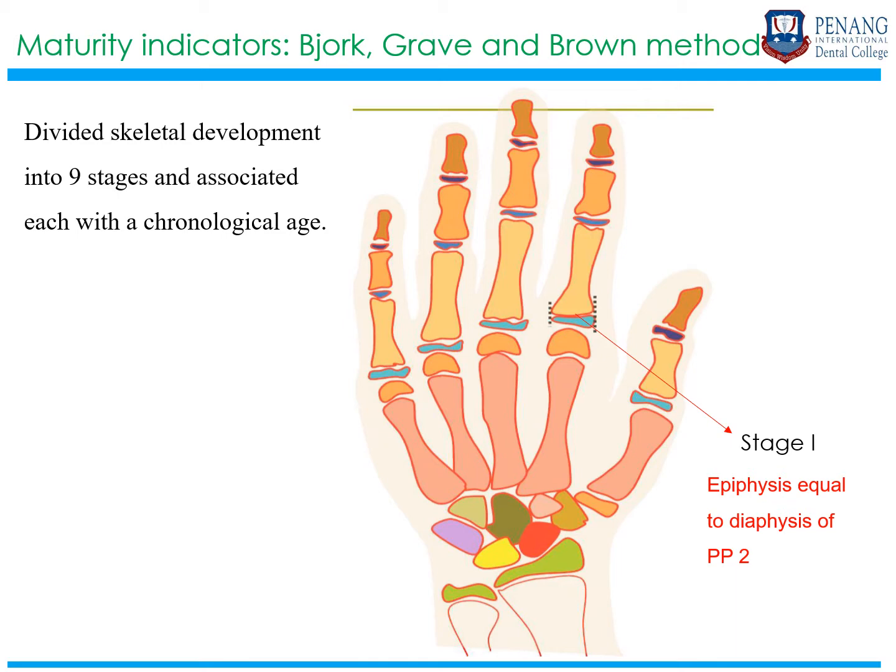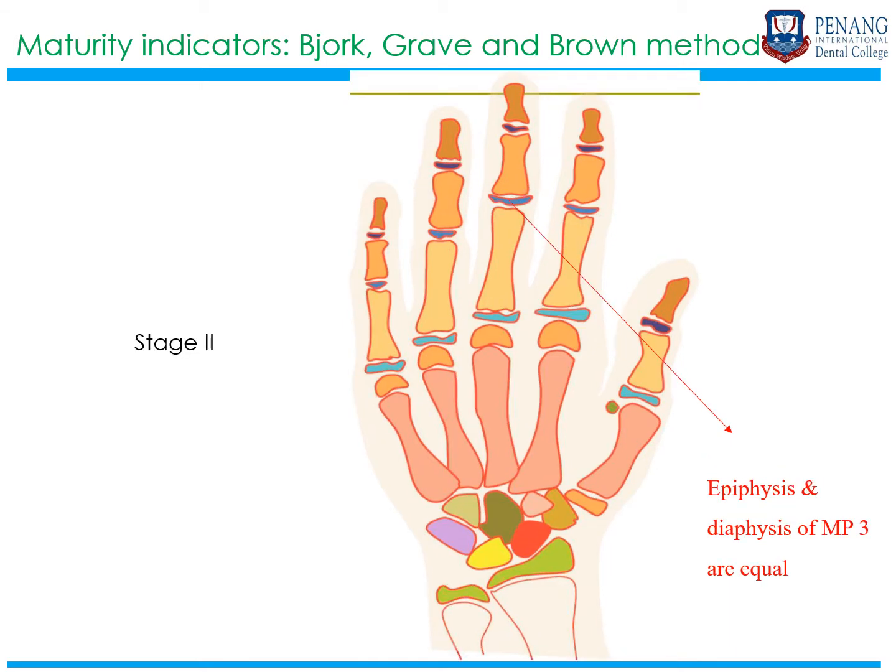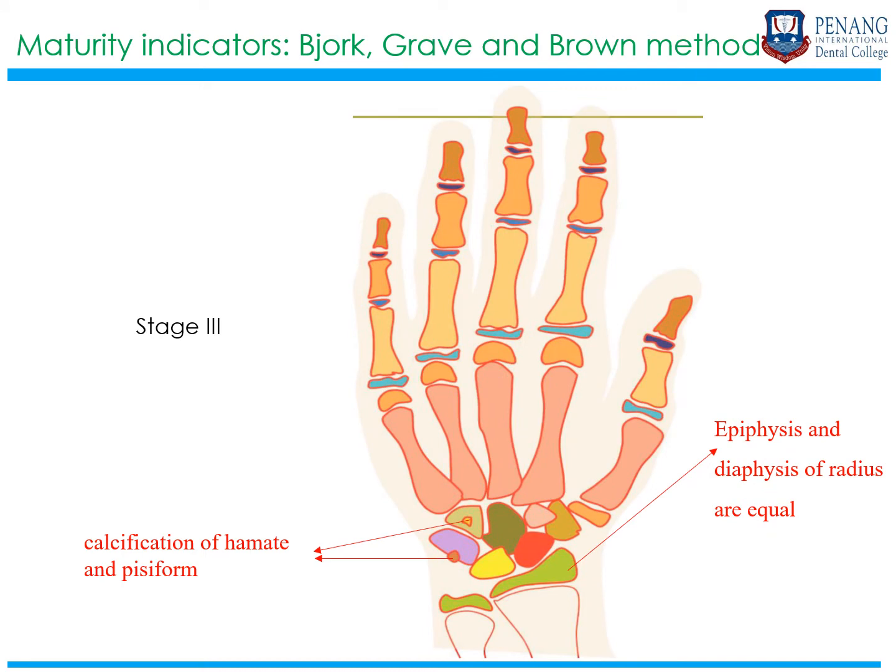The next stage, stage 2, is seen when the epiphysis and the diaphysis of the middle phalanx of the third finger are equal. In stage 3, you will see the calcification of the hamate and pisiform bones, and also the epiphysis and diaphysis of the radius are of equal length.